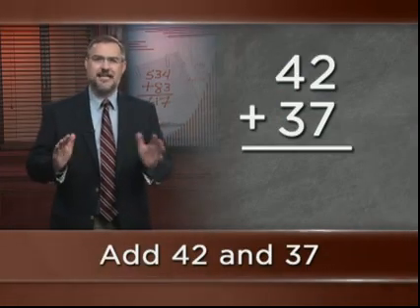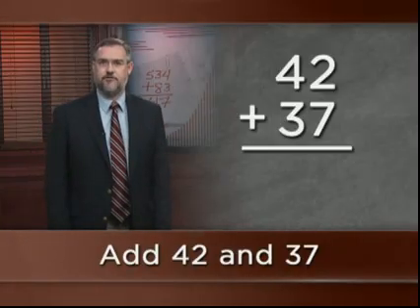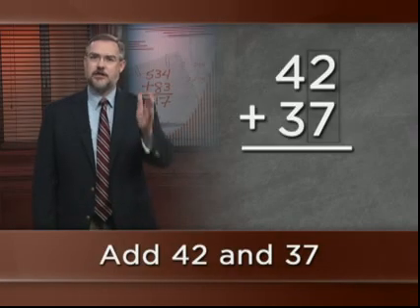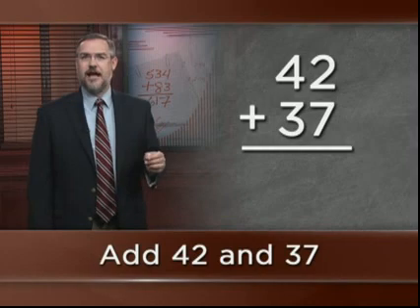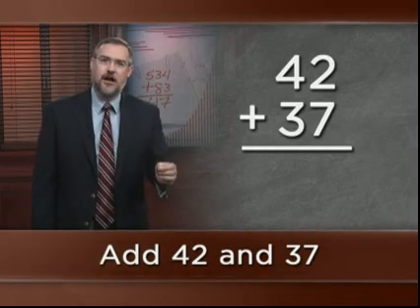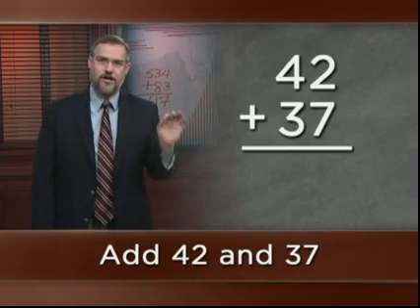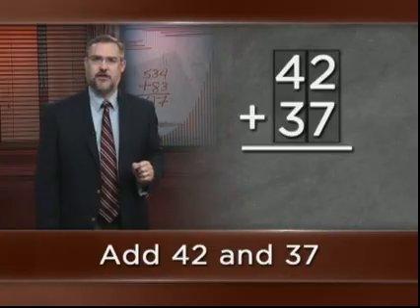There's a certain neatness about mathematics that's very, very important, especially at this arithmetic level. So we're going to line up the ones digits and we're going to line up the tens digits. And every time you and I add two whole numbers, we need to line up these corresponding digits in this way. So we need to make sure the ones digits are one above the other and the tens digits are above the other as well.